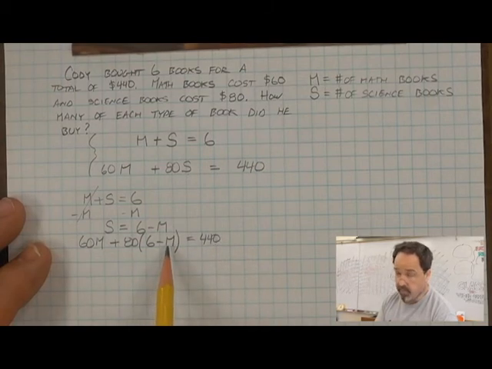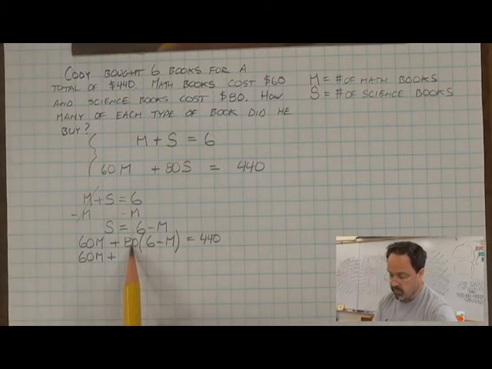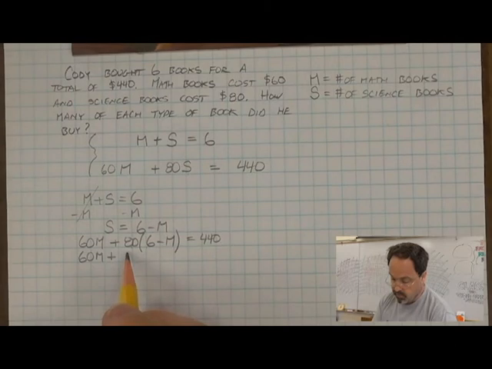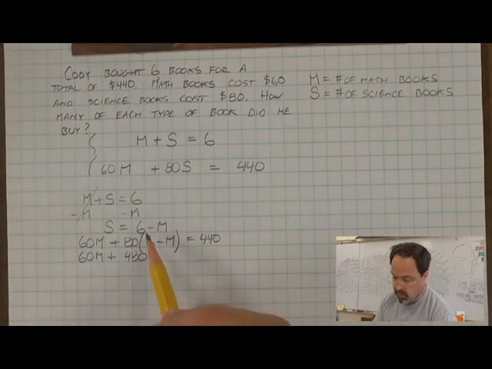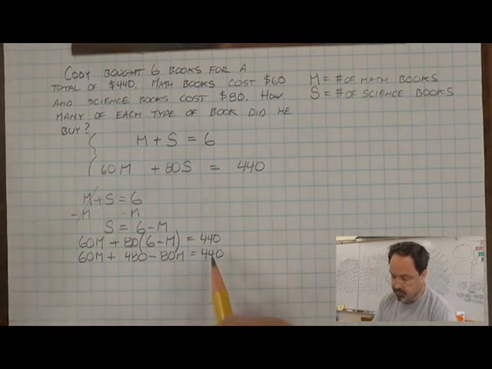So I can solve for m and find its value. I'll need to do a couple lines of work. Distribute the 80. 6 times 80. You can probably do this in your head. It's okay to use a calculator. 480. 80 distributed to this minus m is minus 80m is equal to 440.